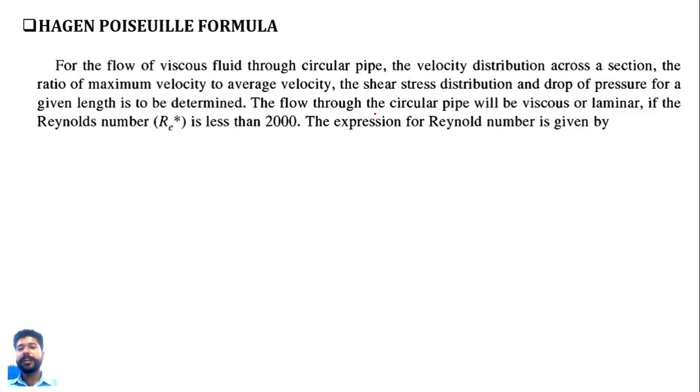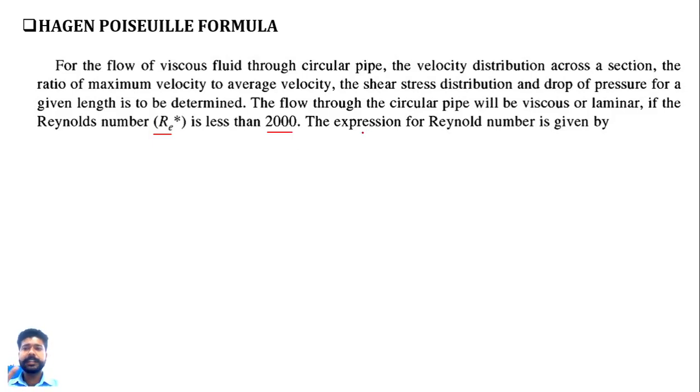When a flow has a Reynolds number less than 2000, that type of flow is called laminar flow. When the Reynolds number is between 2000 and 4000, that type of flow is called transition flow. Whenever the Reynolds number is greater than 4000, that type of flow is called turbulent flow. So that was all about our previous session.